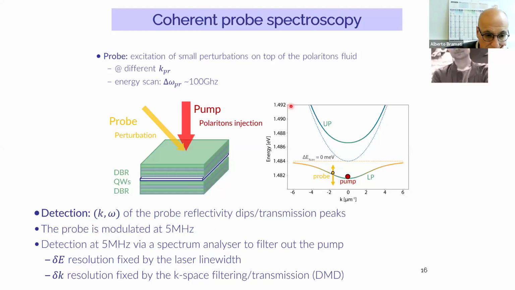This method has a very high resolution in energy, which is fixed by the laser line, and also a very high resolution in momentum space, which is fixed by the space filtering that we perform using the DMD.